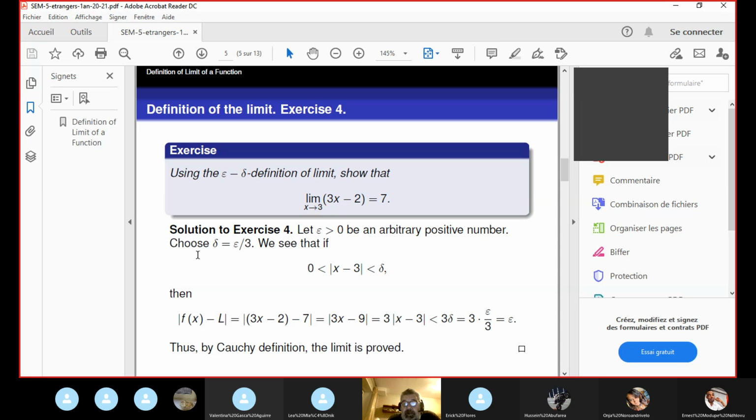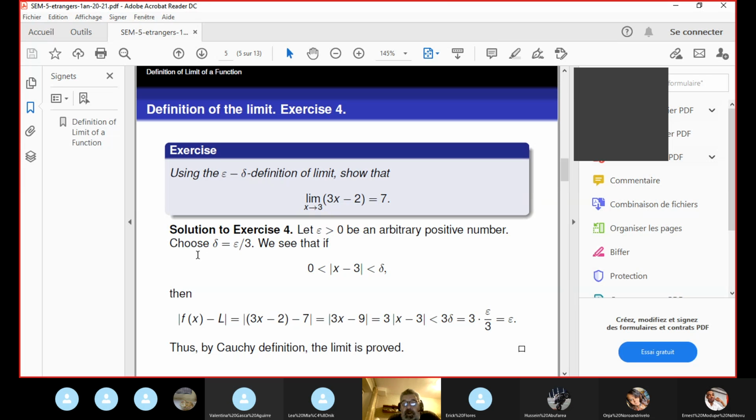As in the previous picture, x belongs to the interval p minus delta, p plus delta. So, for example, in this case, absolute value of x minus 3 is less than delta, then x belongs to the interval 3 minus delta, 3 plus delta. Agree?